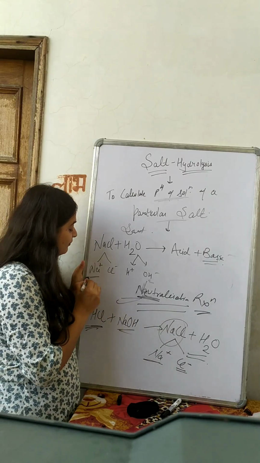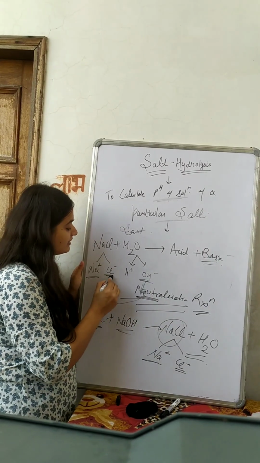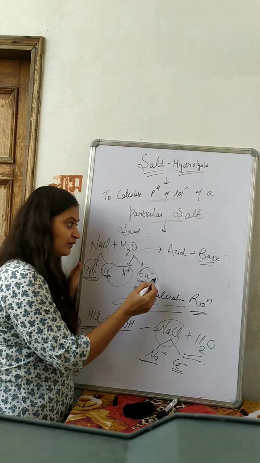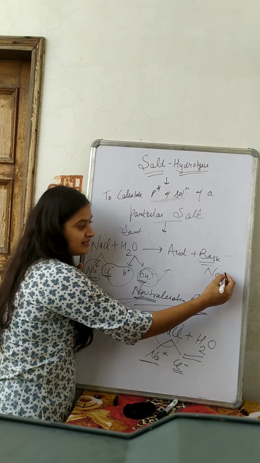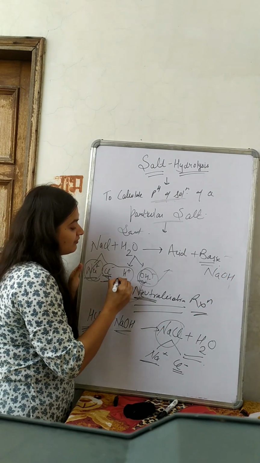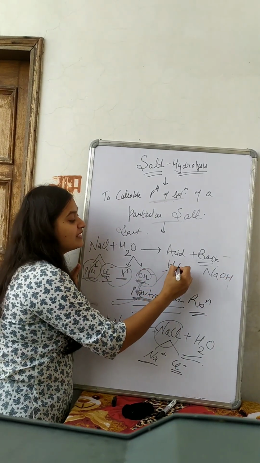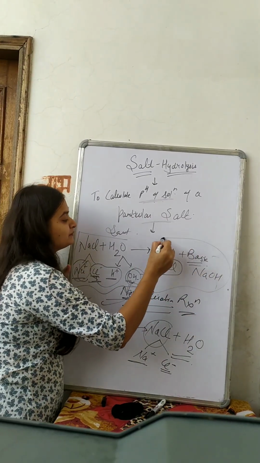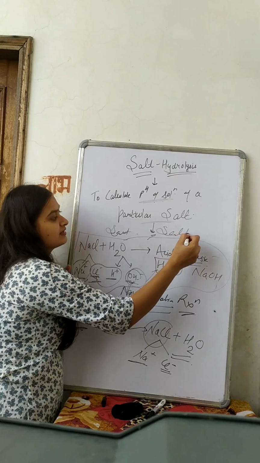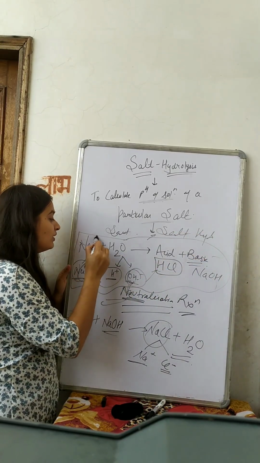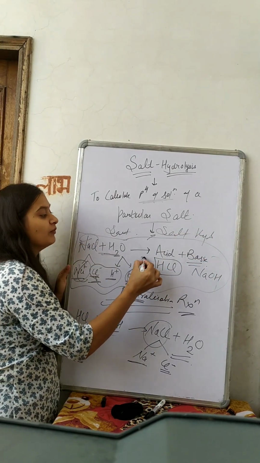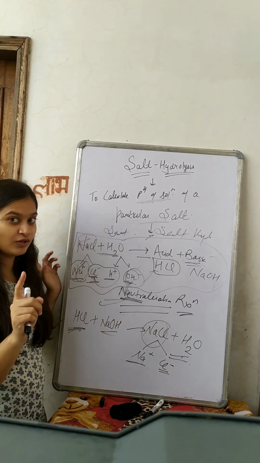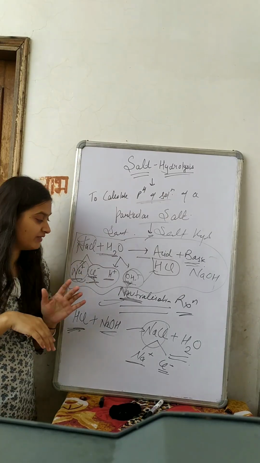As you know, positive attracts negative. So Na+ reacts with OH- and forms NaOH, which is the base, and Cl- reacts with H+ and forms HCl, which is the acid. This process is known as salt hydrolysis, when salt reacts with water to form acidic and basic solutions.